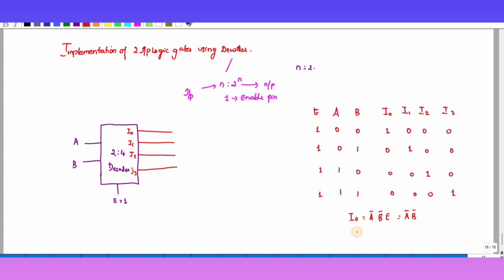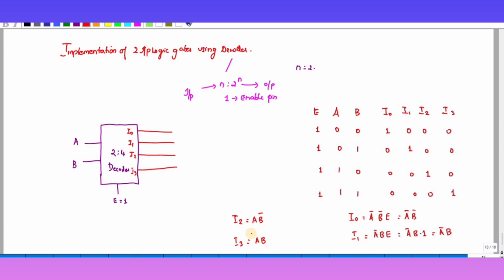So what is I1? I1 is equal to A bar B into E. Since E is 1, that is nothing but A bar B. Similarly, I2 is equal to A B bar. What is I3? I3 is AB.